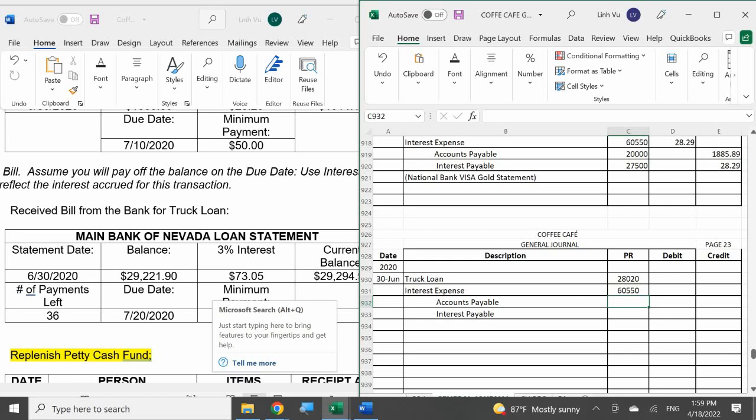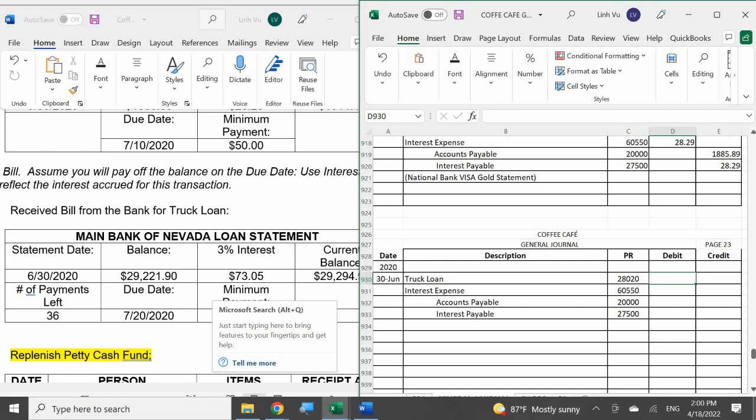We have accounts payable $20,000 and interest payable to be $27,500.